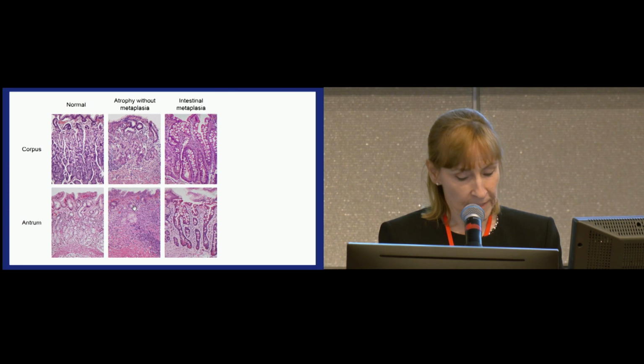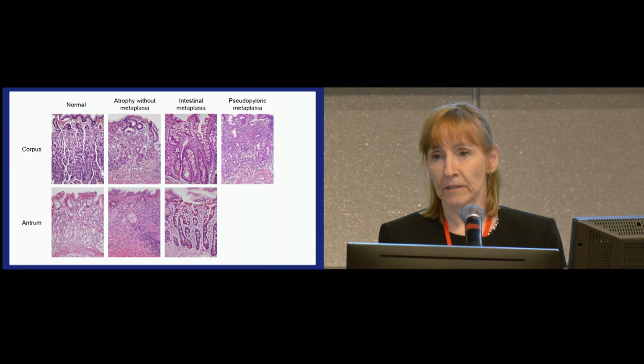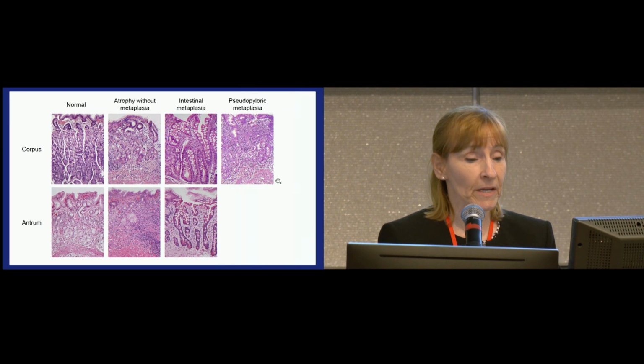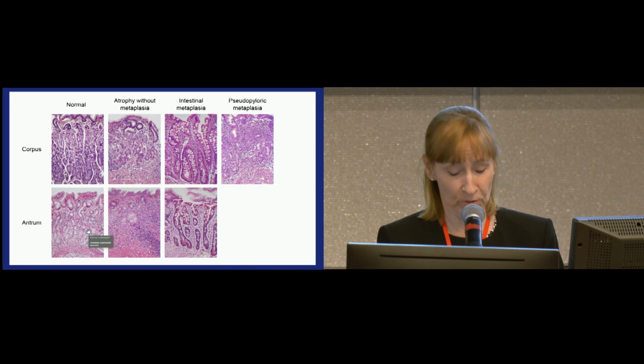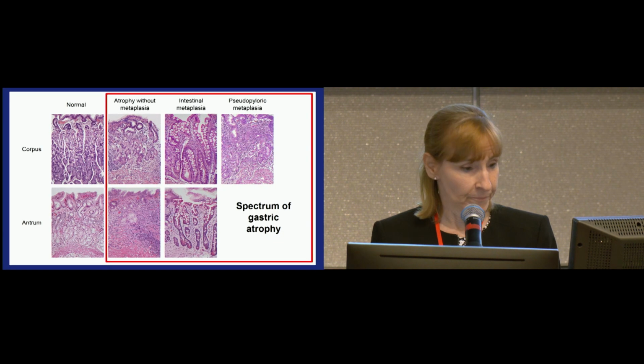These are two examples of intestinal metaplasia, antrum and corpus, and one type of metaplasia that is only in the oxyntic mucosa is the pseudopyloric metaplasia, in which you can lose all the parietal and chief cells, and the glands may resemble the antral glands. So that's pseudopyloric metaplasia. All of these are the spectrum of gastric atrophy.